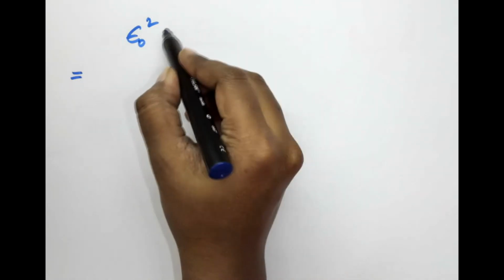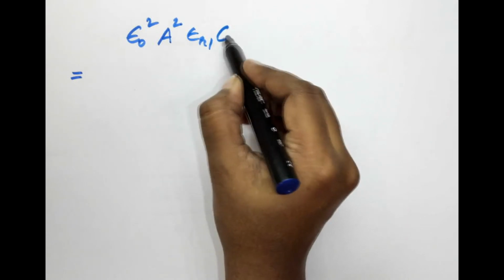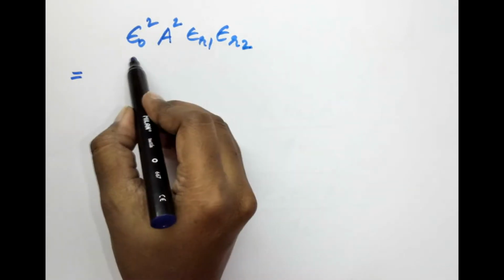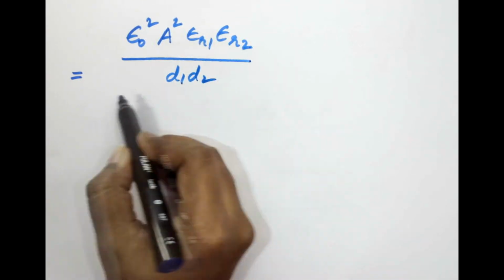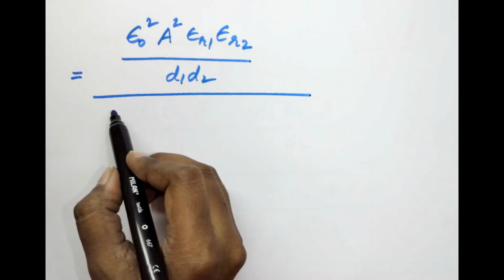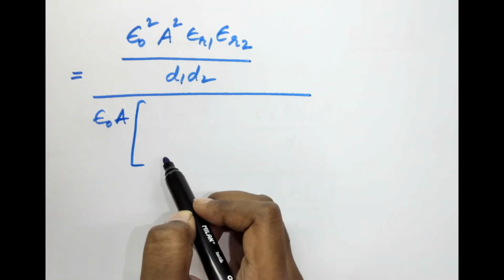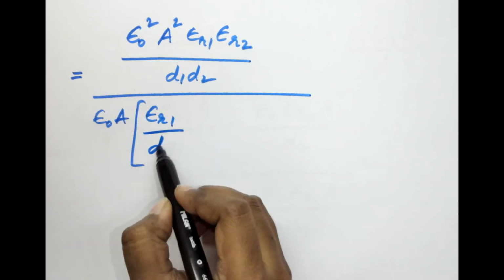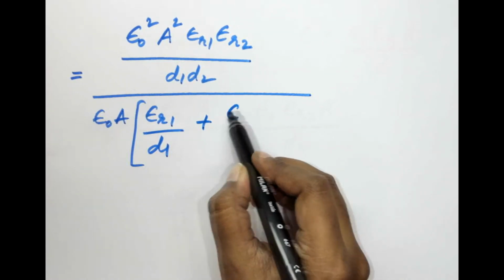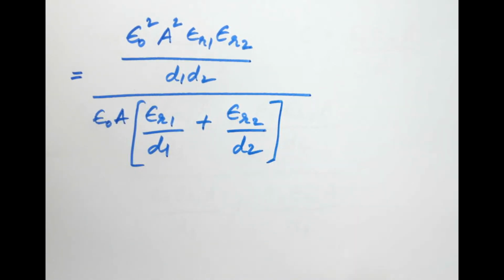So that's epsilon naught square times area square epsilon r1 into epsilon r2 whole divided by, let's see, d1, d2. Now further, we can take epsilon naught into A as the common part. We'll be left with epsilon r1 by d1 plus epsilon r2 by d2.